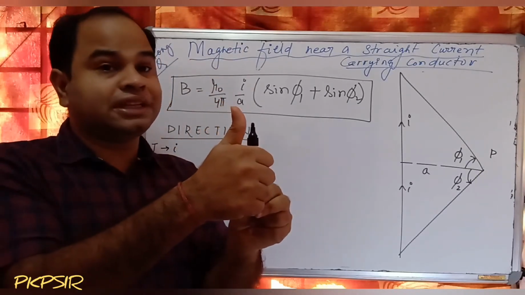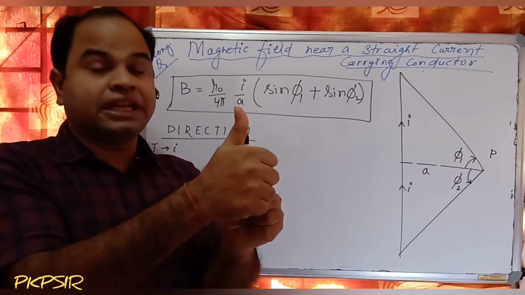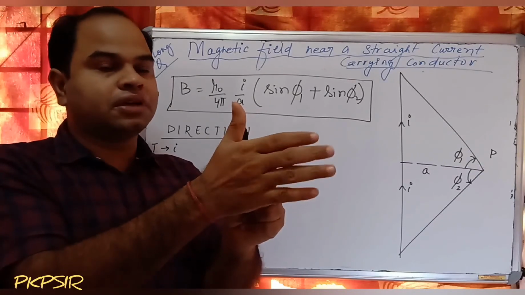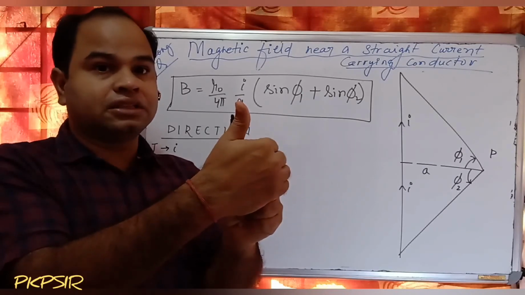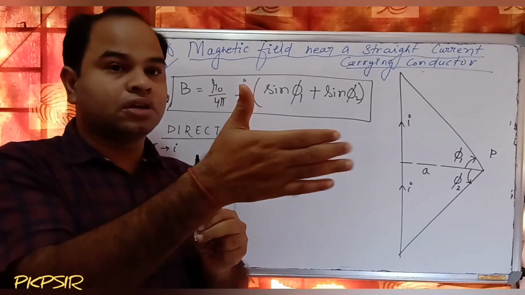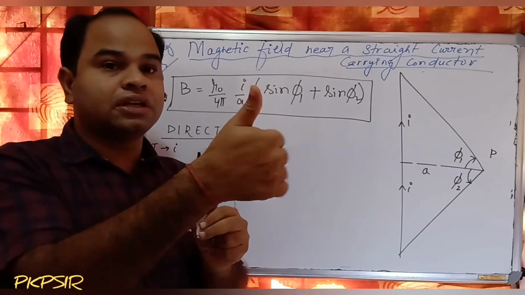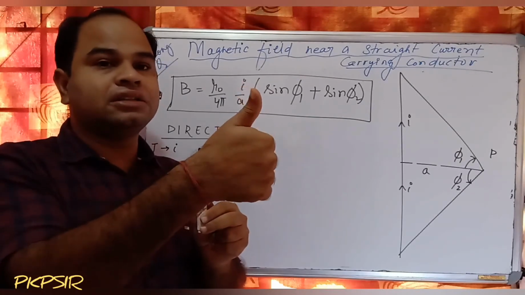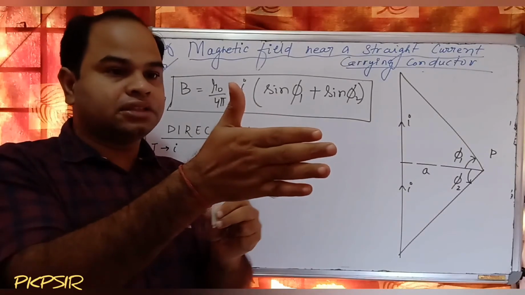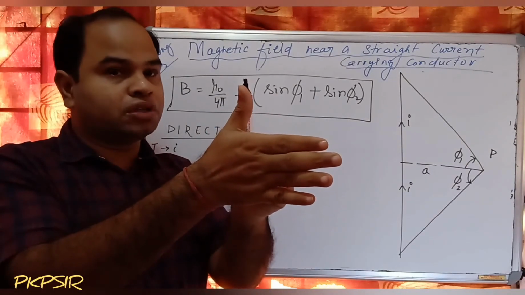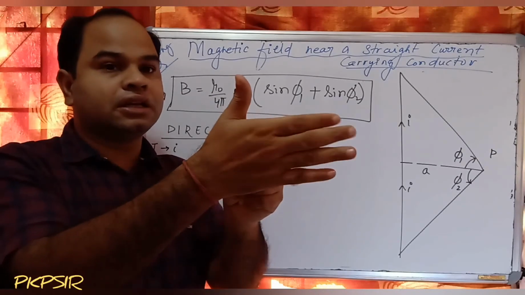So keep the thumb along the direction of current. Then we will curl the fingers like this. The direction in which the fingers curl is the direction of the magnetic field.